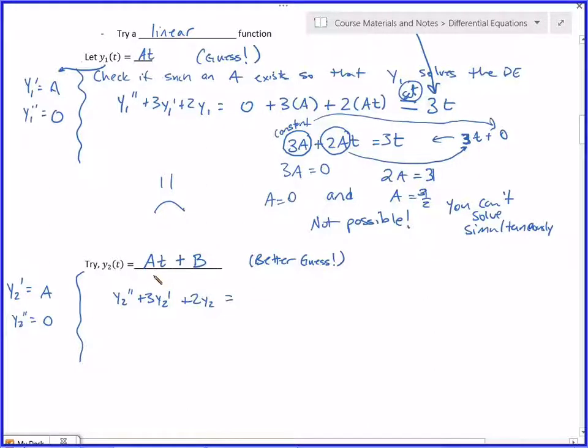I'm just plugging it into the differential equation in the problem, and I'll have 0 plus 3 times a plus 2 times at plus b. And set that equal to the same thing again, 3t.